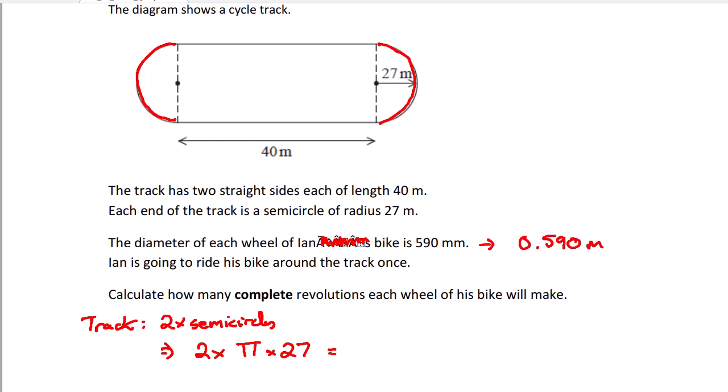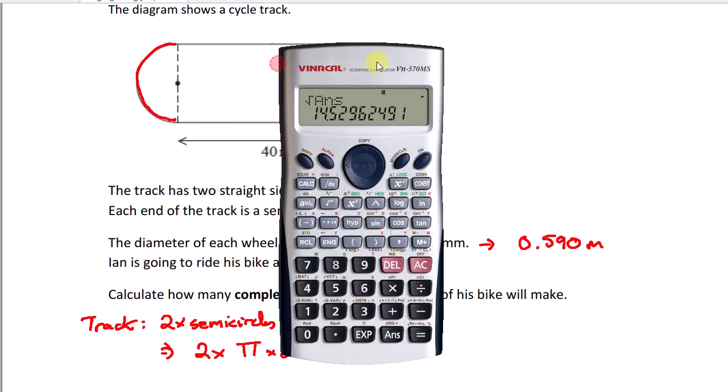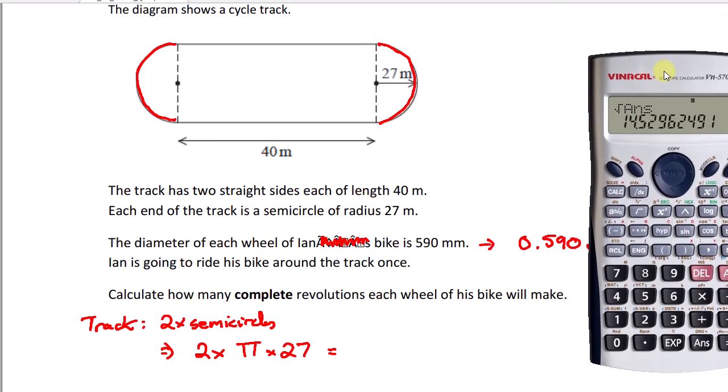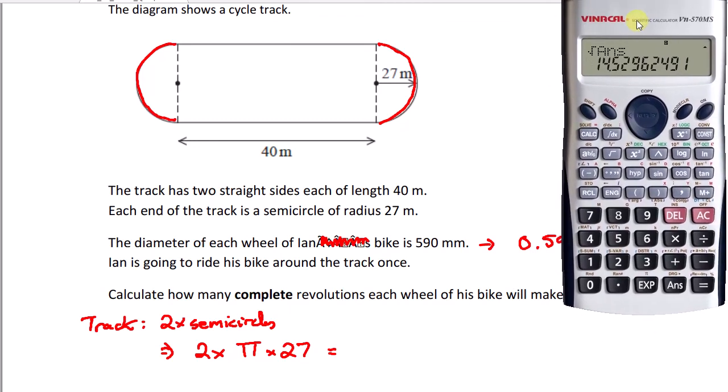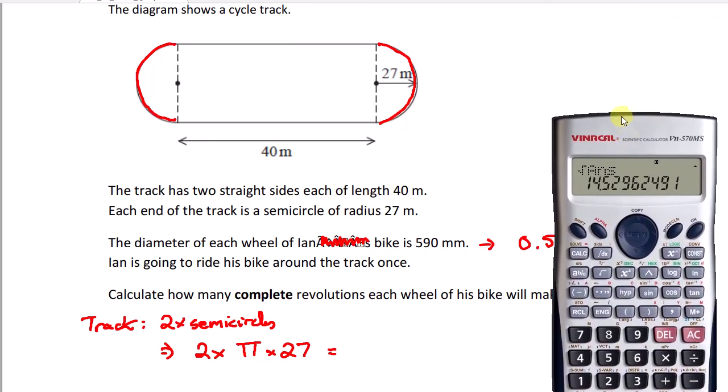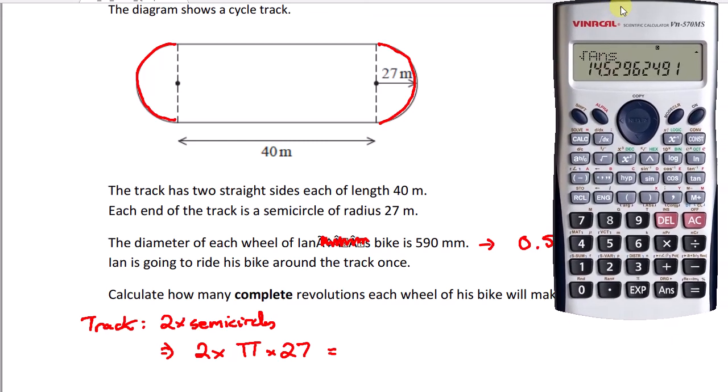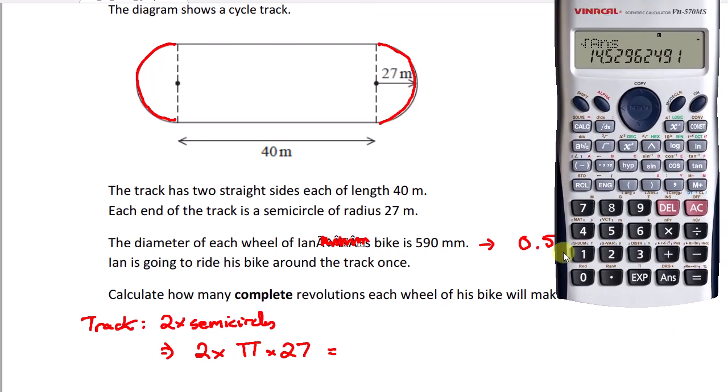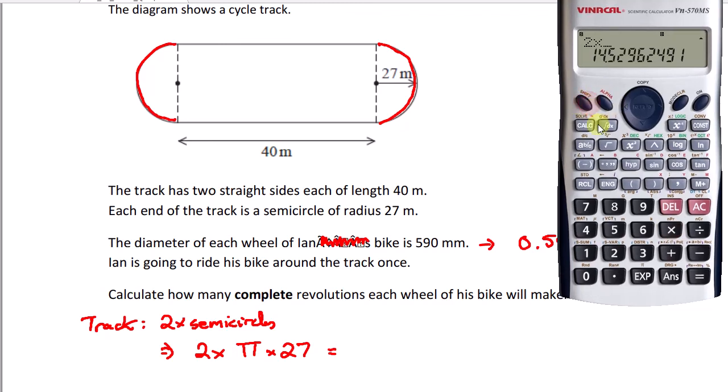Use a calculator when it's memory. Just trying to get the calculator somewhere where I can keep accessing it quickly, and I can't now. So 2 times shift, and you've got to find your pi button. Most of the time it's on this bottom row somewhere, times the 27.